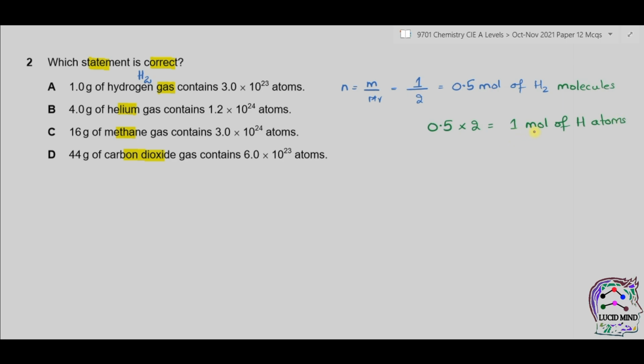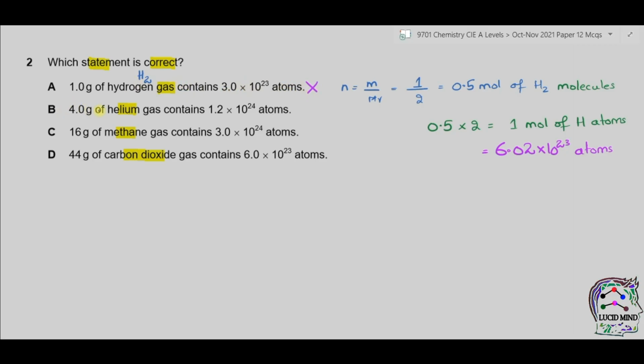Now let's convert this number of moles into atoms. As we know that Avogadro's constant consists of 6.02 exponential 23 particles per mole. In this case, these are atoms. So this one is wrong.